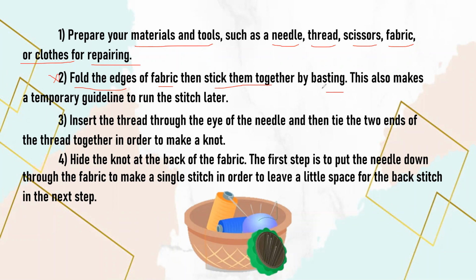One time we're going to fold it. Then after folding, stick them together by basting. So both of them we're going to stick together by basting. This also makes a temporary guideline to run the stitch later.